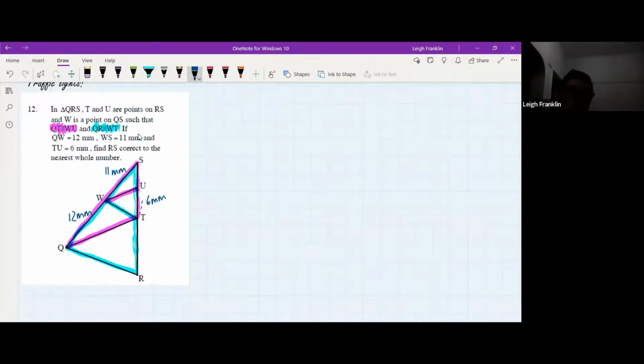They want you to calculate the length of RS, so that's this whole blue side over here, RS, correct to the nearest whole number, right? So I'm going to let you guys give this one a try. We're going to give you 5 minutes and let's see where we end up. Of course, if you need any assistance, Coco and I are right here.